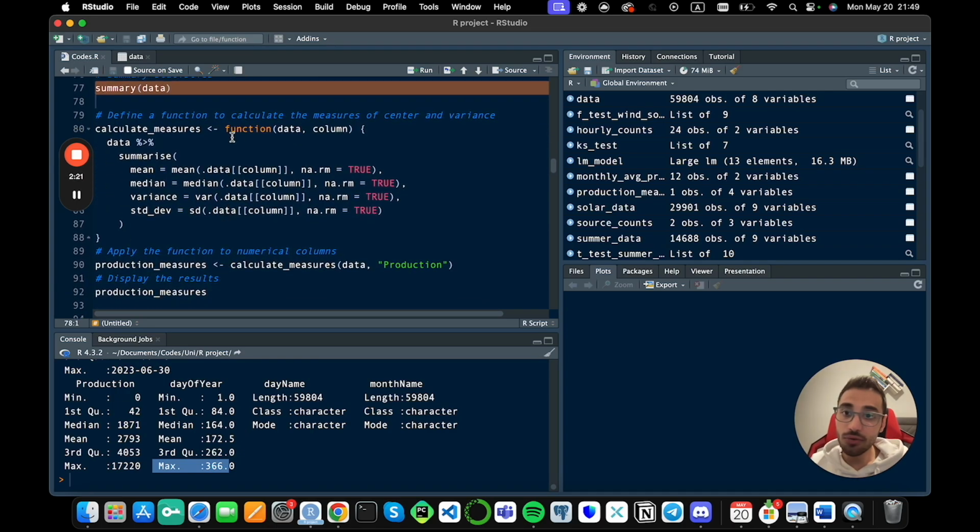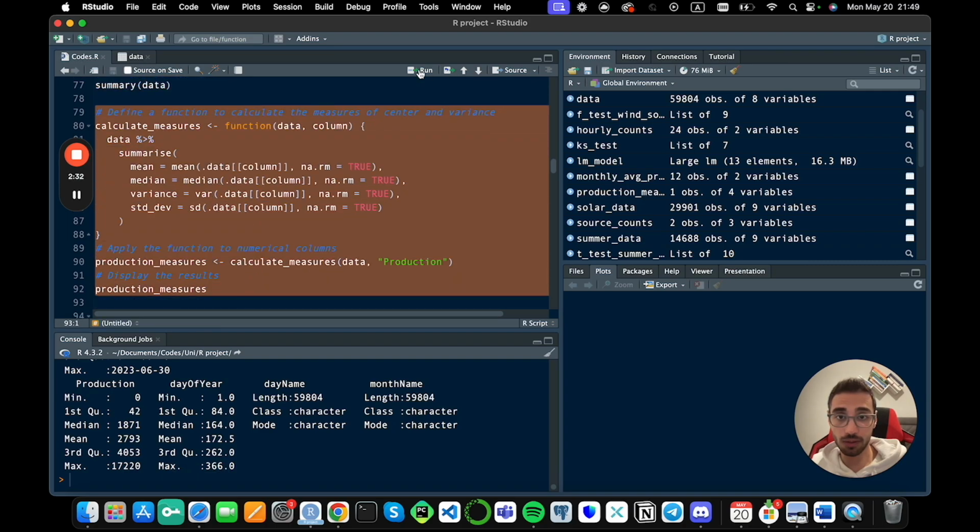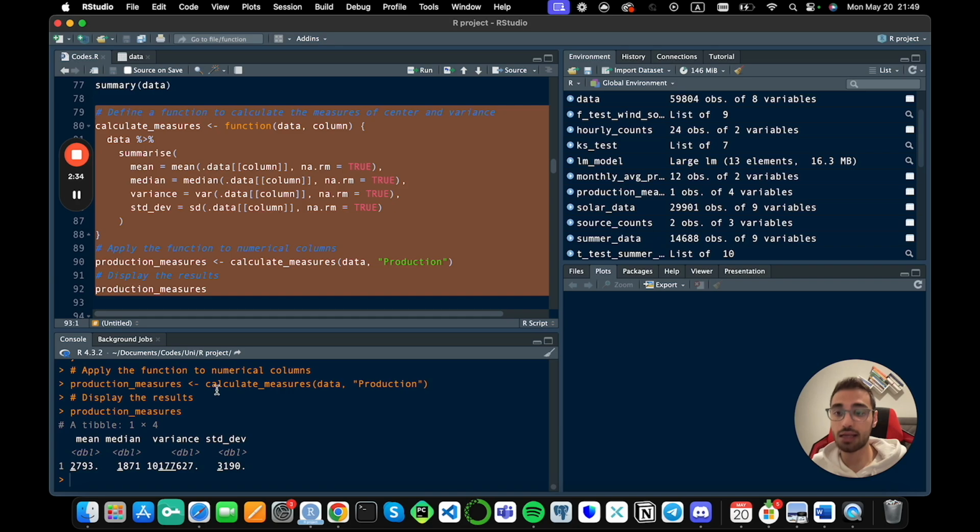So here we define a function to measure the central tendency and variance, and we want it for production. And as we can see here, the mean is 2700 and the median is less than mean.